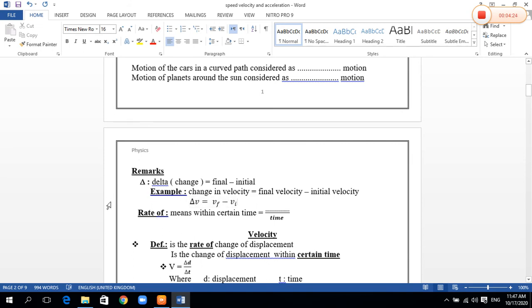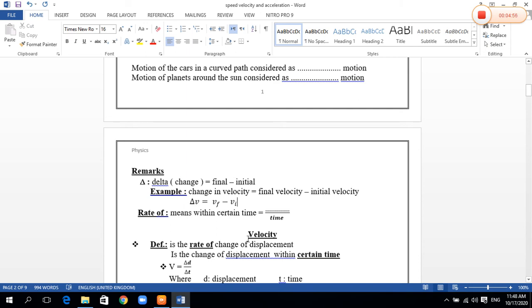Okay, now what about the rate of? The words rate of mean within a certain time, mathematically represented by the rate of change of something, which means this thing over the time. If we say that velocity is the rate of change of displacement, this means it is the change of displacement within a certain time.